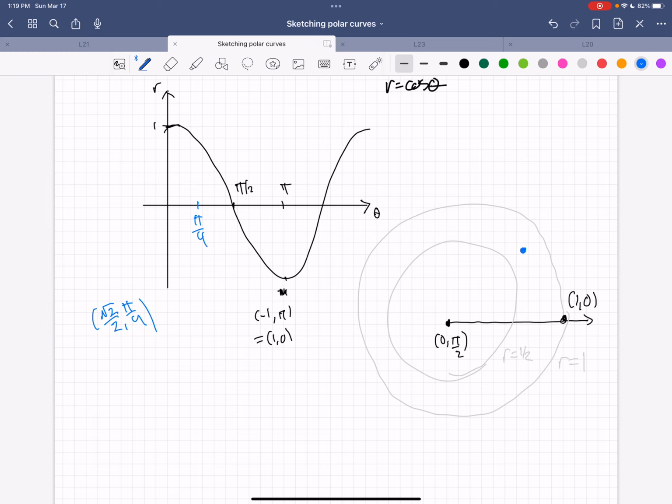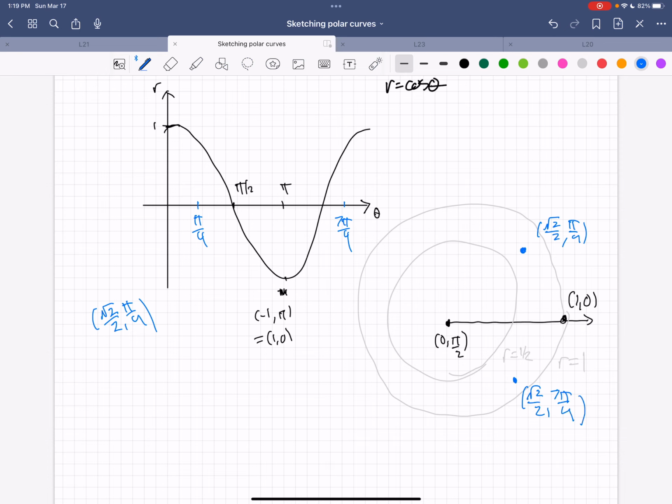We'll also get the same point at 7 pi over 4, so right over here. So this is just translating what we have on our graph to the circle.